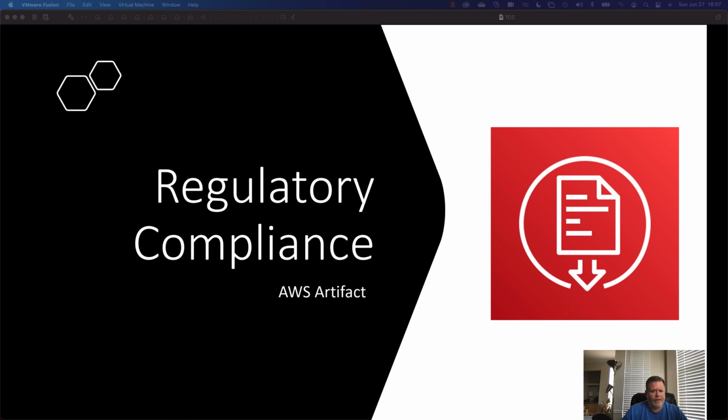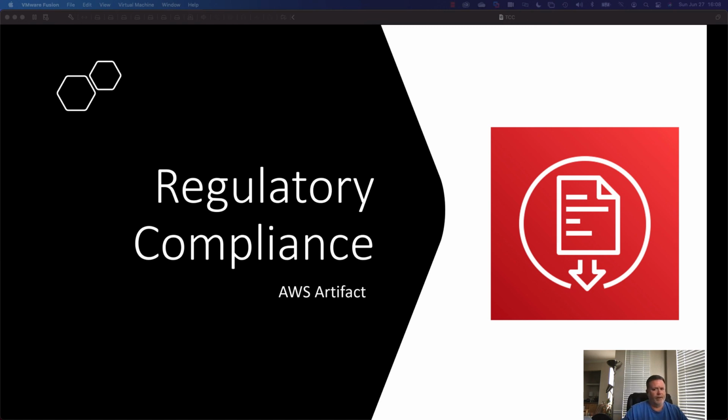You'll also find official reports of service organization controls, SOC 1, SOC 2, SOC 3 audits of AWS infrastructure. Those documents can, for instance, be used by AWS customers in the United States as part of their Sarbanes-Oxley compliance reporting.